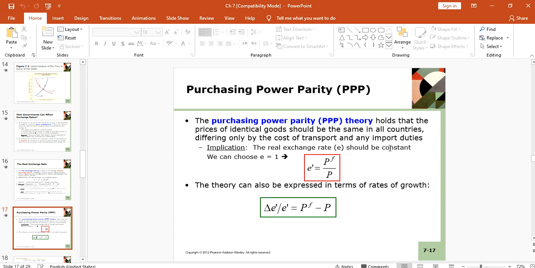Otherwise, there is a problem in the exchange rate of these countries. So how do we calculate that? The change in the nominal exchange rate equals the difference between inflation in the foreign country and the home country.